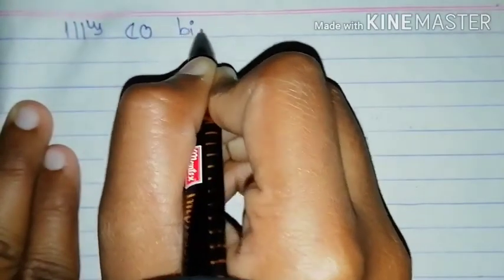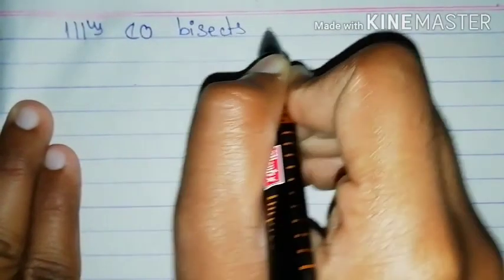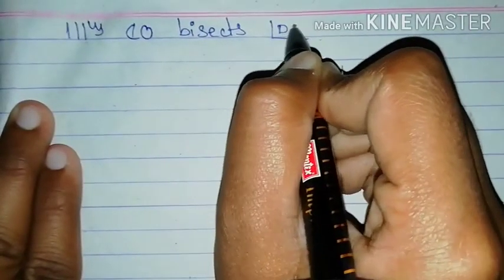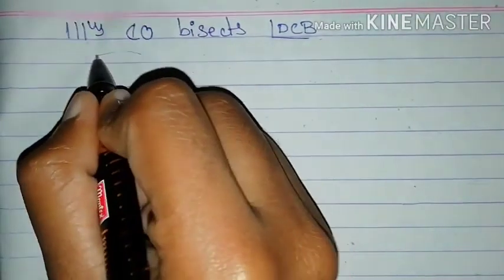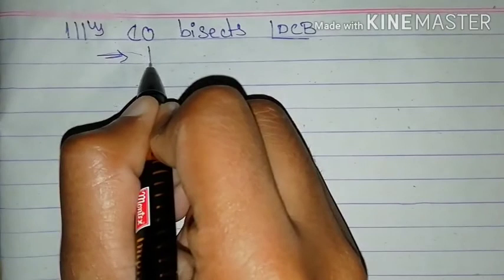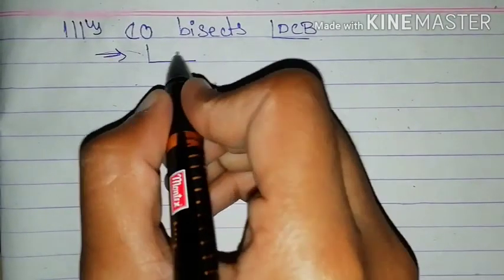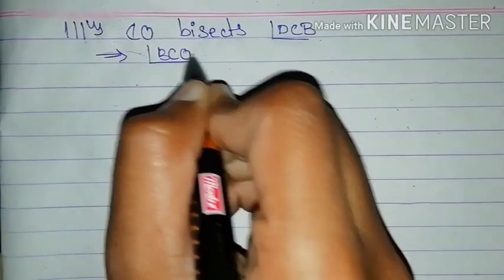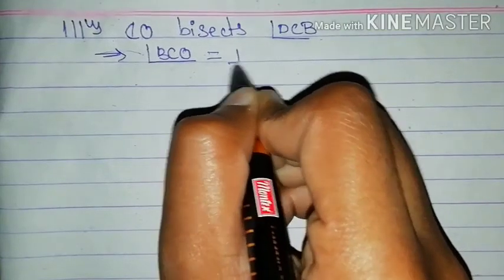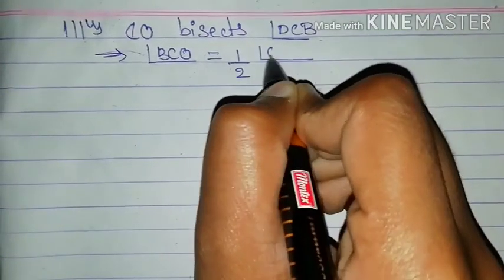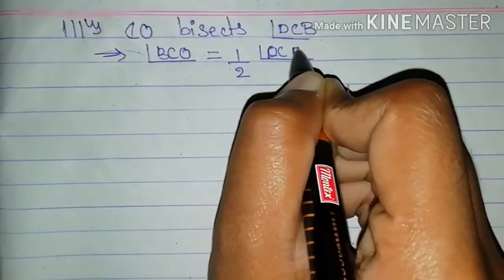Using the same steps as before, similarly, CO bisects angle DCB. This implies angle BCO is equal to half of angle DCB.